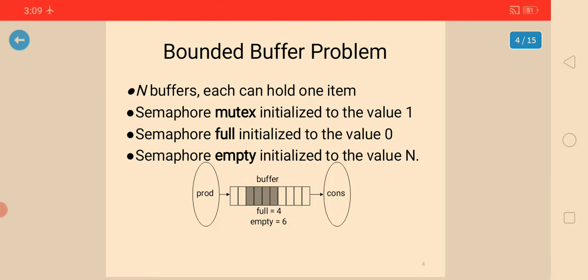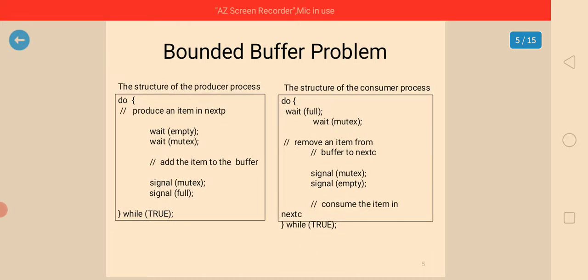We can see the diagram of the producer and consumer below. This is the method we use to write the bounded buffer problem.